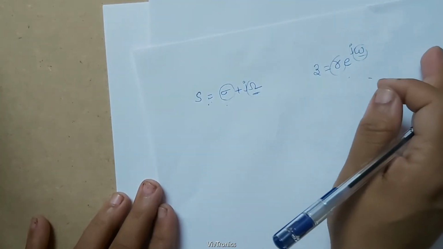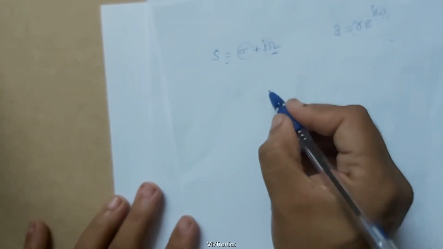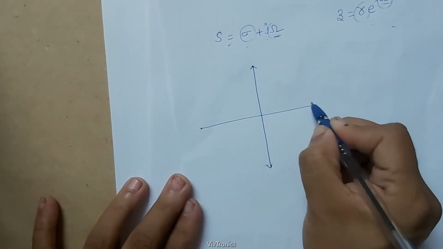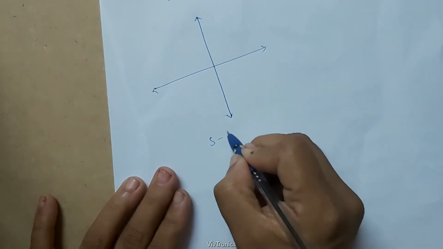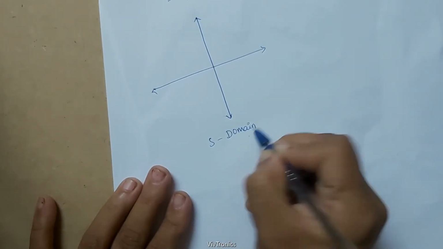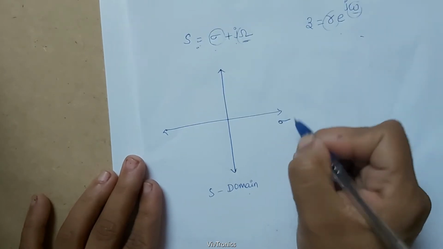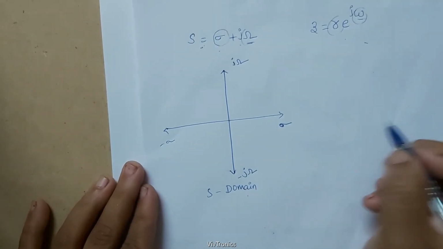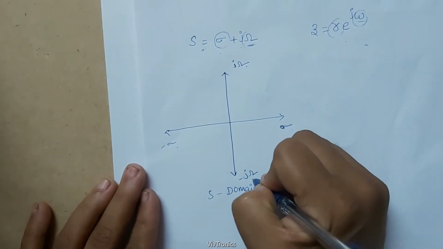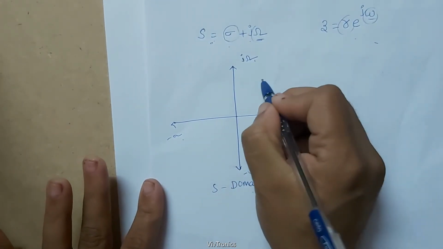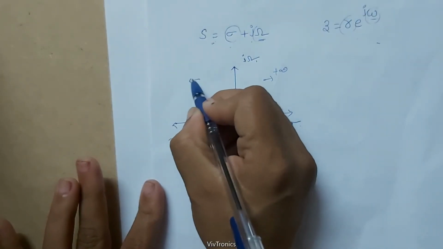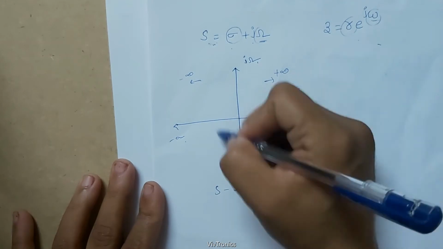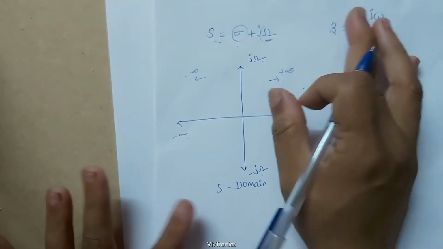Another point to keep in mind is S equal to sigma plus j omega. We can represent the S domain like this: this is the Laplace domain, or S domain. This is sigma, this is j omega, this is minus sigma, this is minus j omega. Sigma and j omega extend from minus infinity to plus infinity, hence the region of convergence for S will be minus infinity to plus infinity in the Laplace domain.